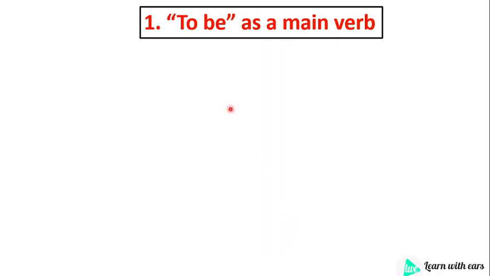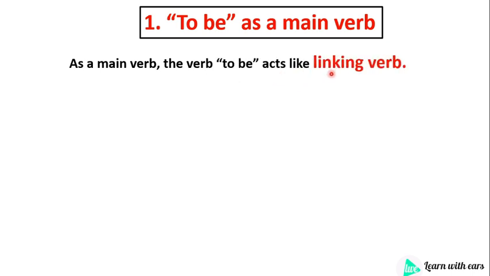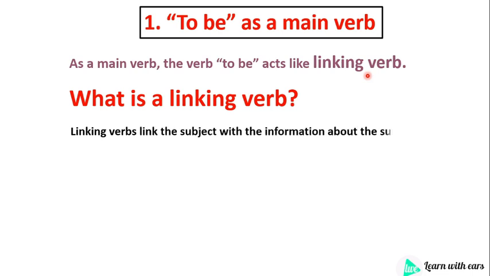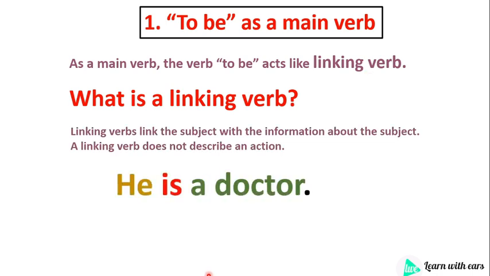Now let's understand to be as a main verb. As a main verb, the verb to be acts like a linking verb. Now you might be wondering, what is a linking verb? Linking verbs link the subject with the information about the subject. A linking verb does not describe an action. For example, he is a doctor.